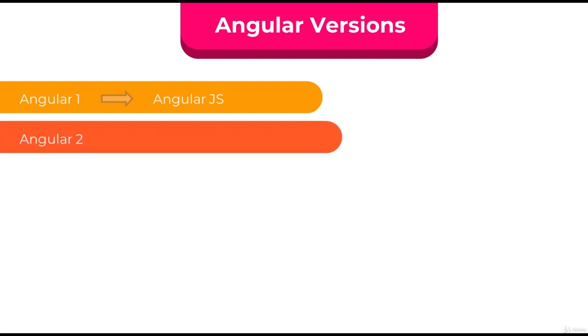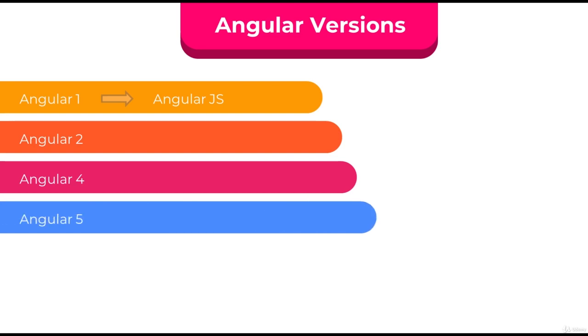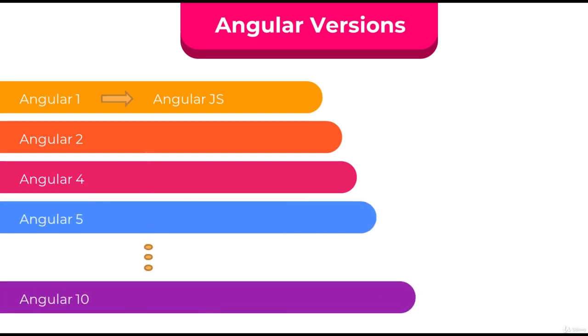So we can distinguish AngularJS and Angular 2 from each other, since they work differently to solve different problems. If we continue on with this, we'll see Angular 4, Angular 5, Angular 6, and then finally Angular 10. Now, Angular 3 was not published for a variety of reasons.